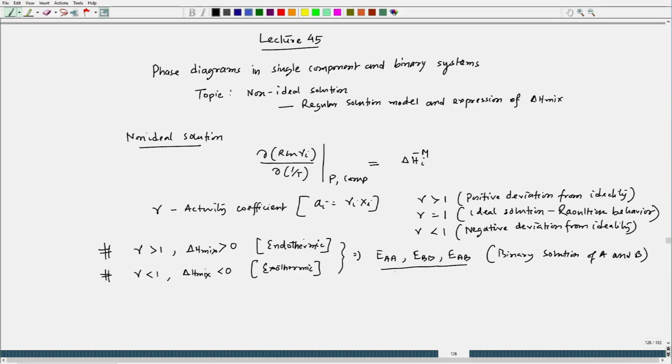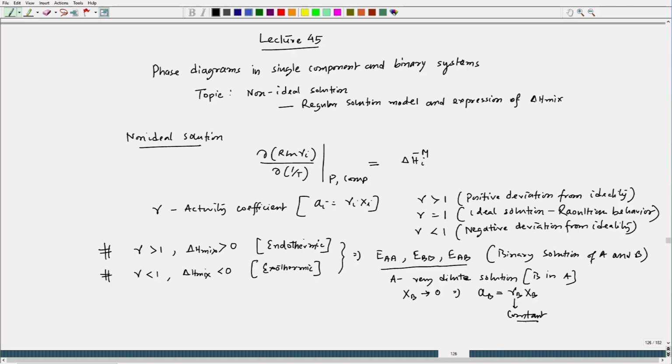And this relation we could set up because we have seen that at a very dilute concentration or dilute solution, if we talk about B in A, that means x b tends to 0, that time we have seen that a b equal to gamma b x b, and that time this gamma b is a constant.